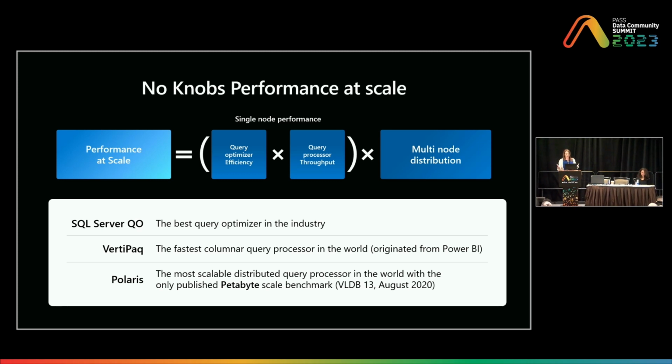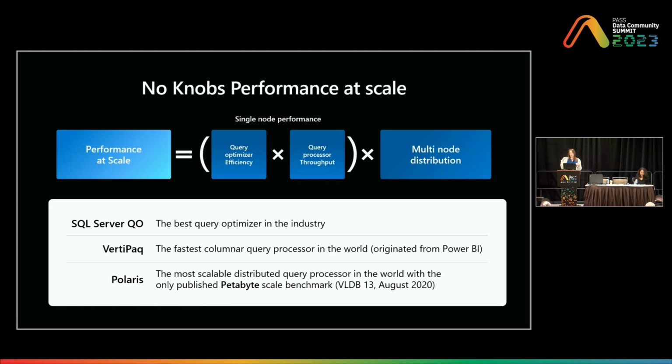If you look at how we accomplish single node performance, it's really a combination of the query processing throughput and this time-tested query optimizer. So we have awesome single node performance, which is a known fact. When you multiply that by the ability to scale and distribute that processing power across multiple nodes, then you really get this performance at scale that we talk about. How do we do that?